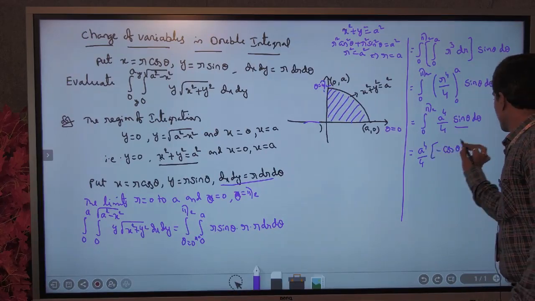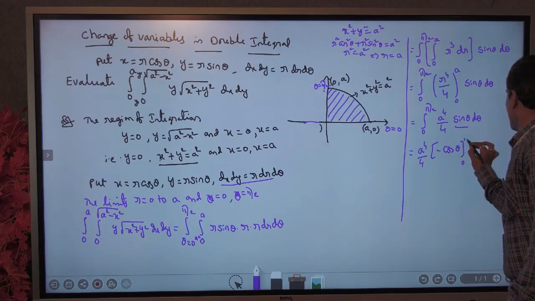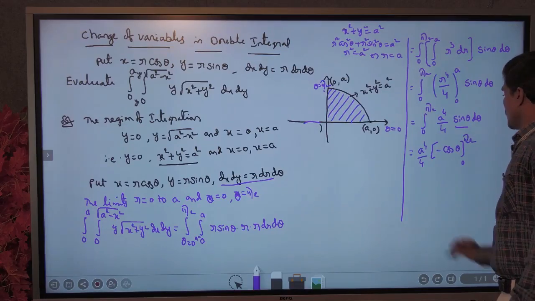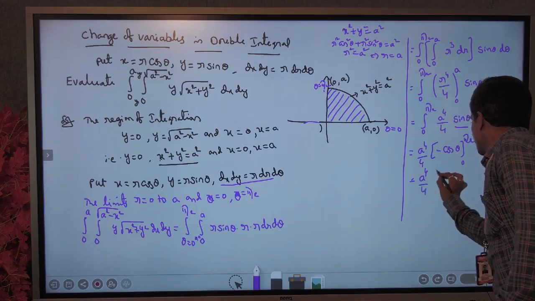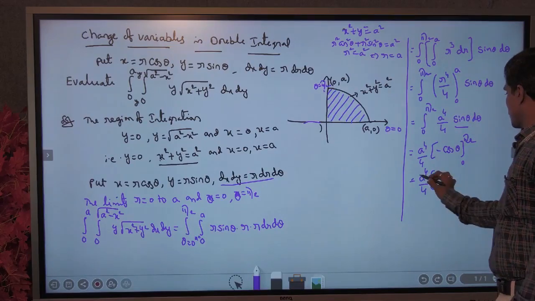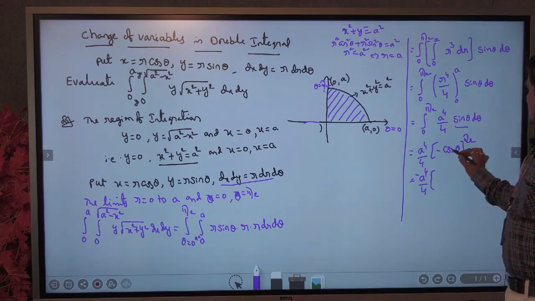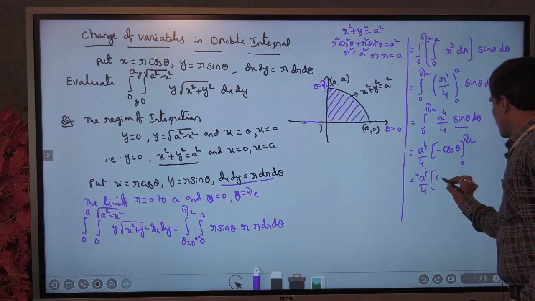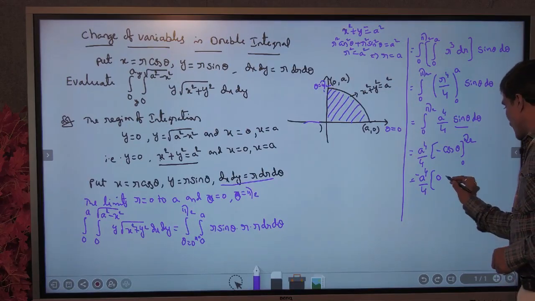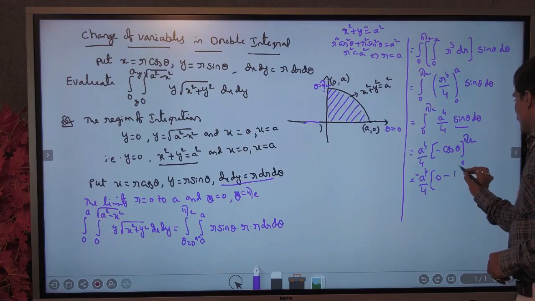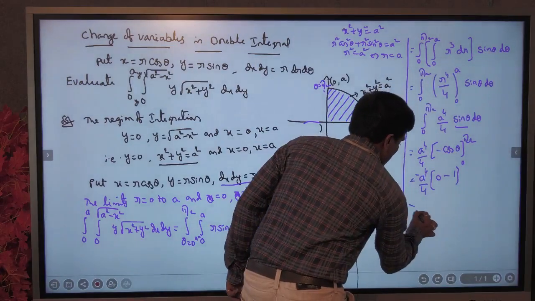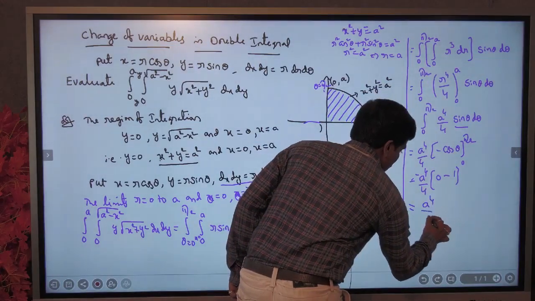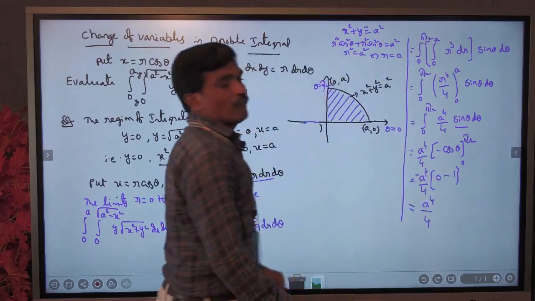Then substitute the limits 0 to pi by 2: cos pi by 2 is 0, minus cos 0 is 1, so minus of minus gives plus, and finally we get a power 4 by 4.